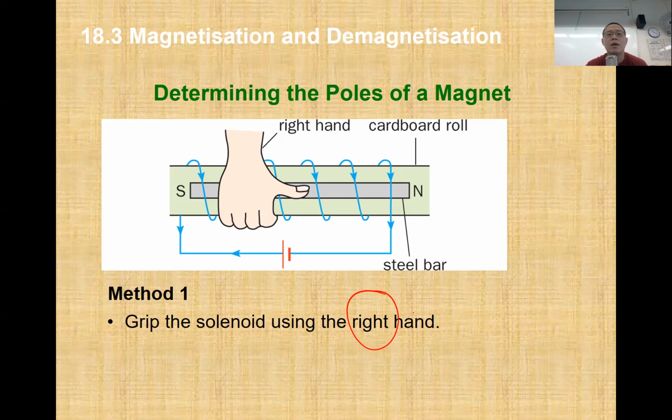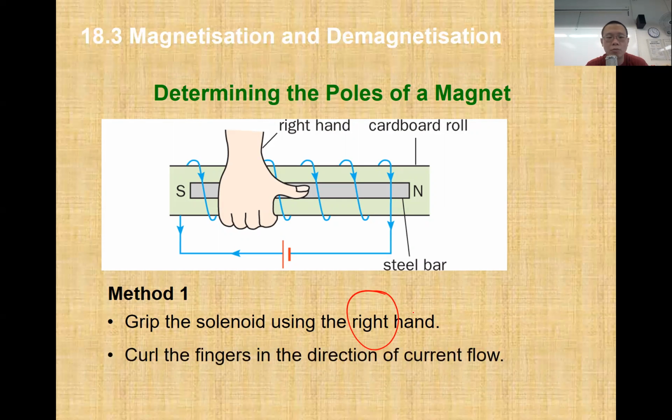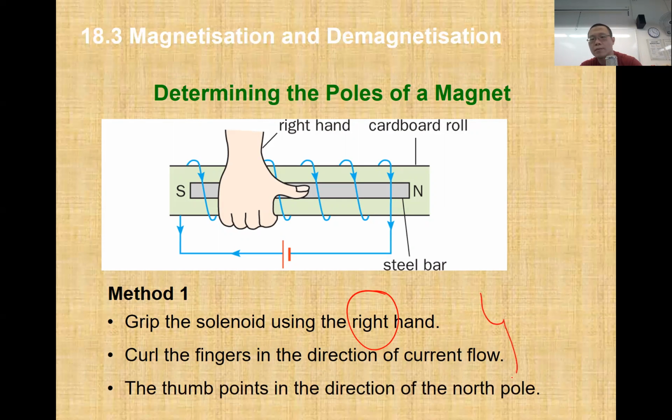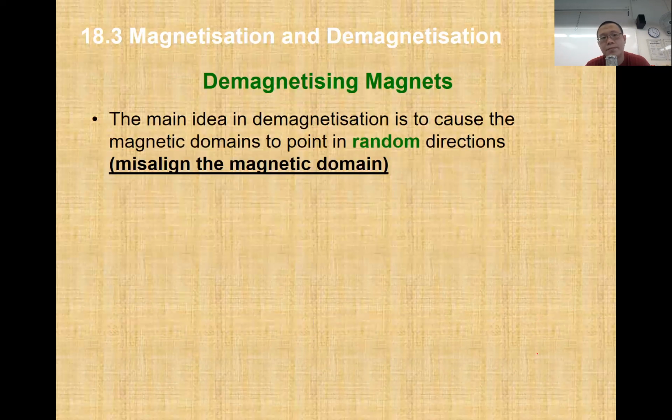The right side will be the North Pole, and that's what we call the Maxwell right hand grip rule. This is the idea of using your thumb to find the North Pole, so you will know which side of the metal bar will be the North Pole.